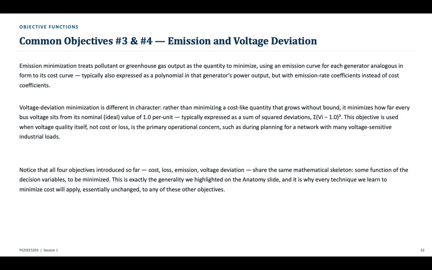So, when it comes to emission minimization, it treats the pollutants or greenhouse gas output as the quantity to minimize using an emission curve, right?